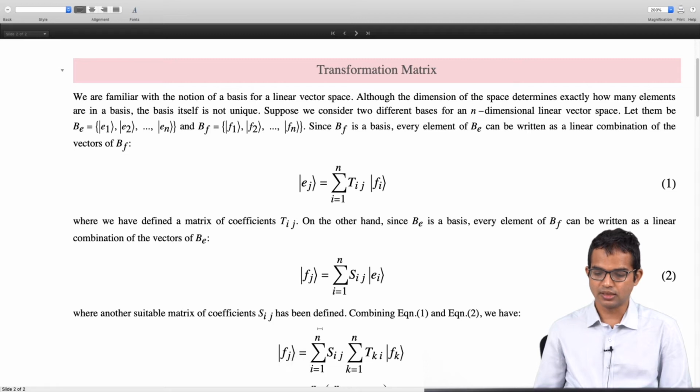So Fj is the summation over i of Sij, but in place of Ei I will put in the summation over k of Tki Fk. The k is a dummy index, I can choose k because I have to work with i here.